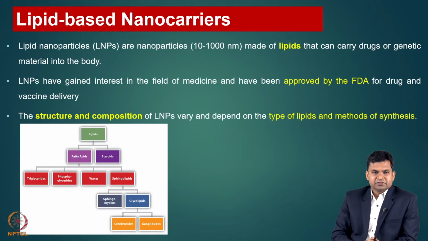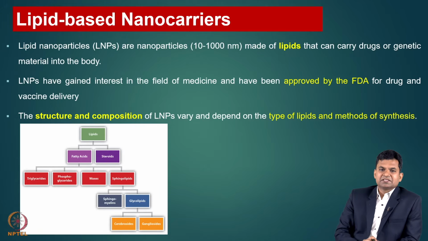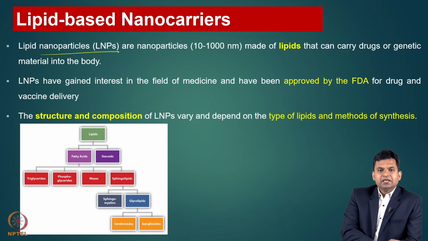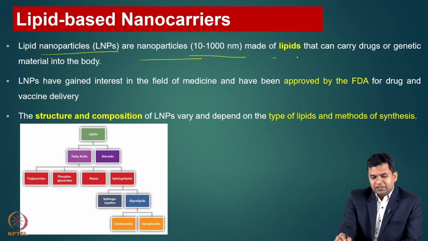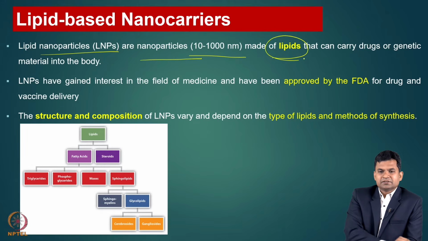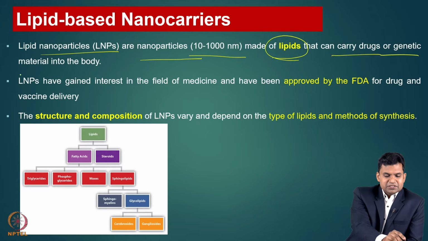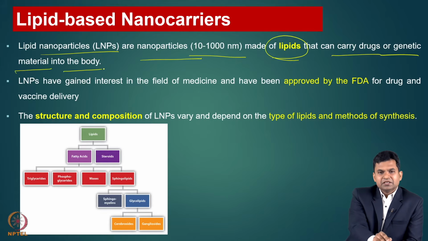With this introduction to lipid based nanocarriers, we will see what lipid nanoparticles are. Lipid nanoparticles are nanoparticles with a size range from 10 to 1000 nanometers, made up of lipids, that can carry drugs or genetic materials into the body.